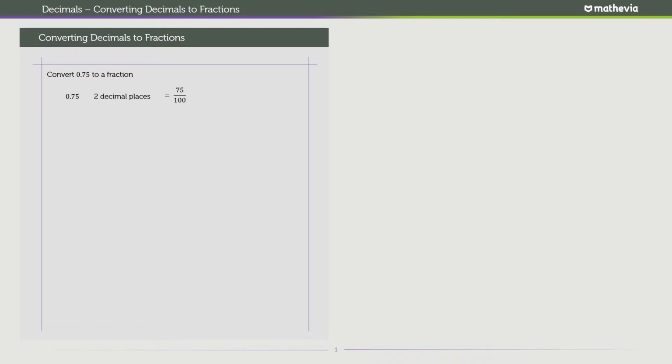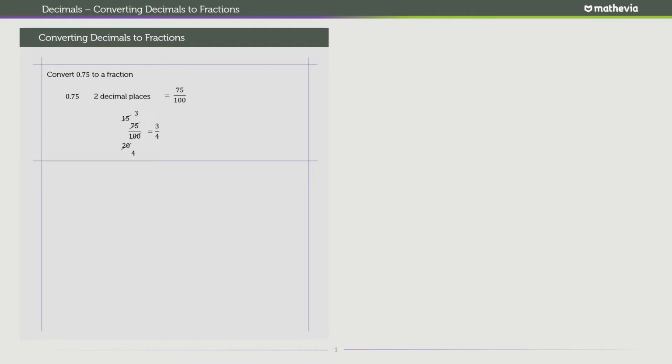But at this point, you need to reduce this to its smallest terms. Dividing by 5 here gives you 20, and here gives you 15, then dividing by 5 again gives you 4 and 3. So expressed in its lowest terms, we have 3 over 4.